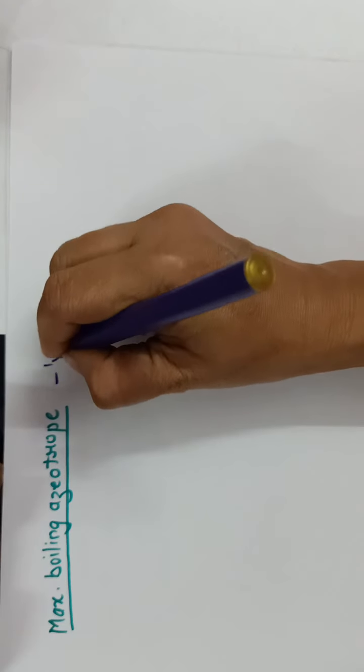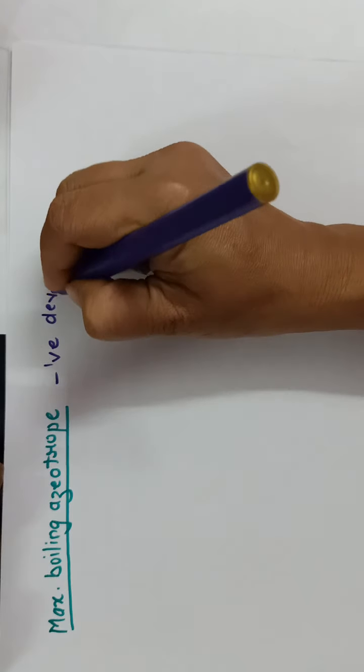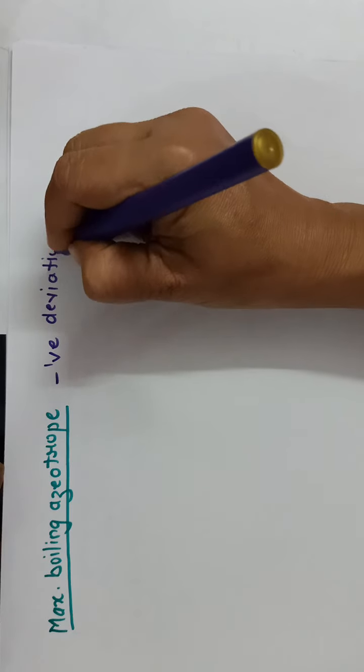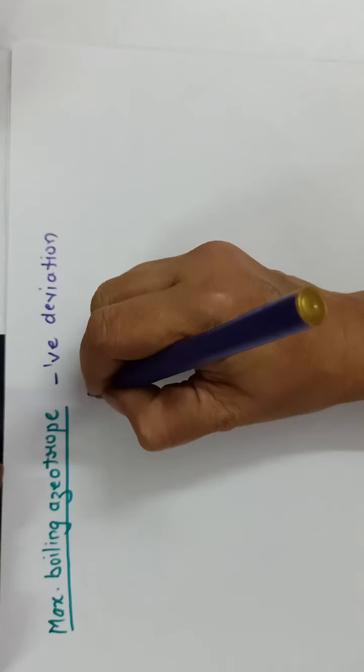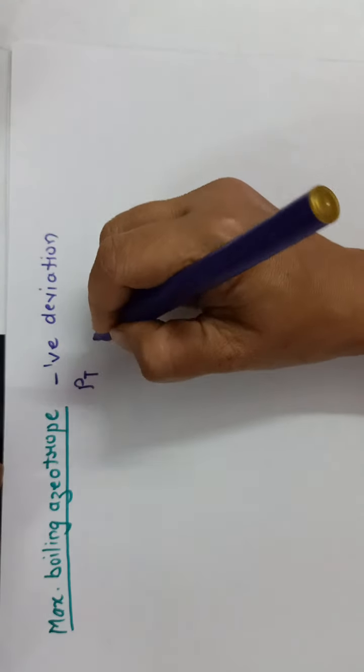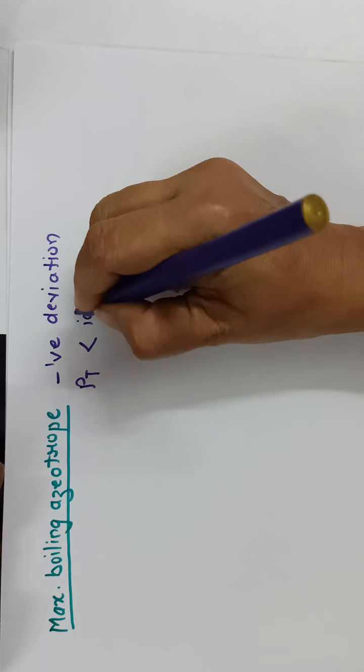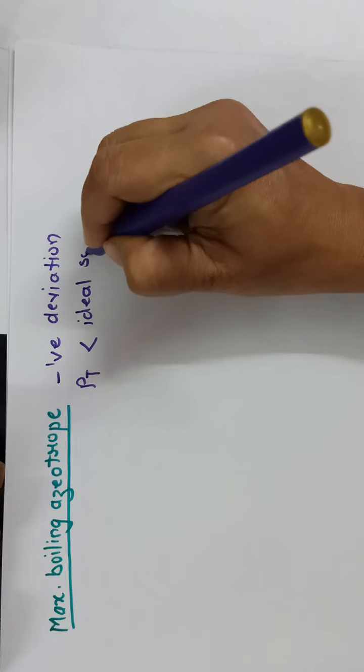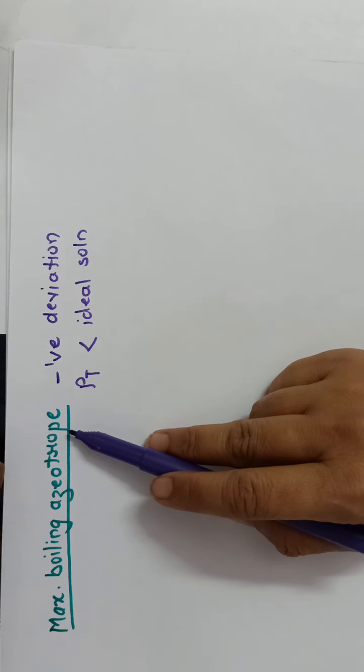So the next is maximum boiling azeotrope. All those liquid mixtures which show negative deviation, or I will say the solutions where the total pressure is less than that of expected ideal solution, form a maximum boiling azeotrope mixture.